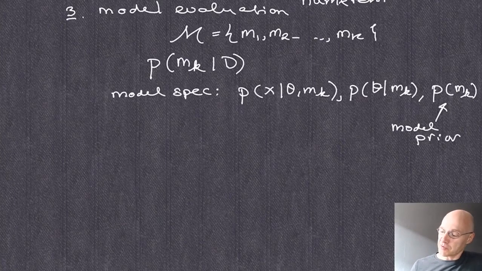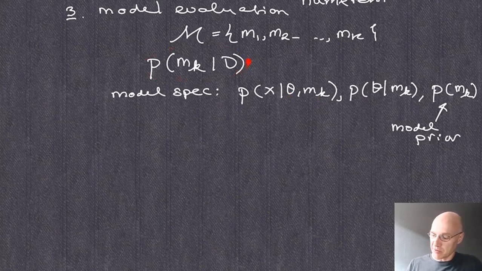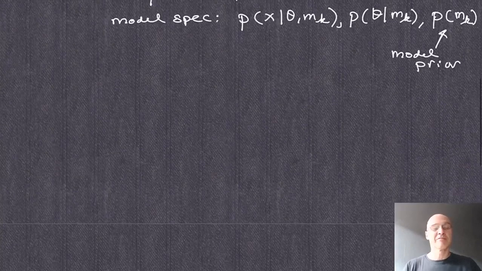But once you have specified a prior for the models, a prior for the parameters, and how data is generated given your model and given your parameters, you can do everything again. You can compute the posterior for the models given the data. It's again just a matter of sum and product rules. Let's do this.